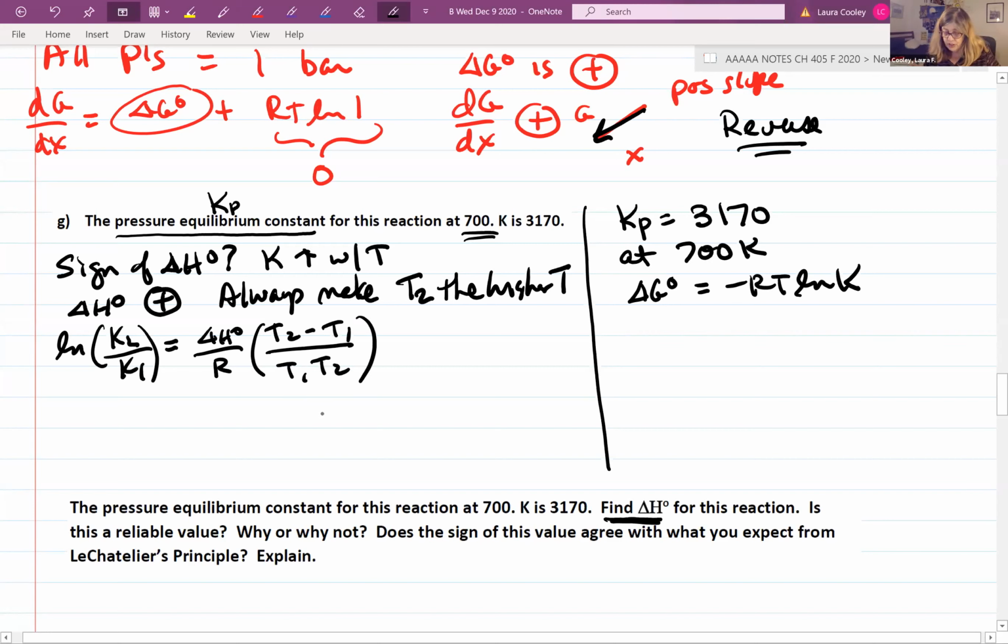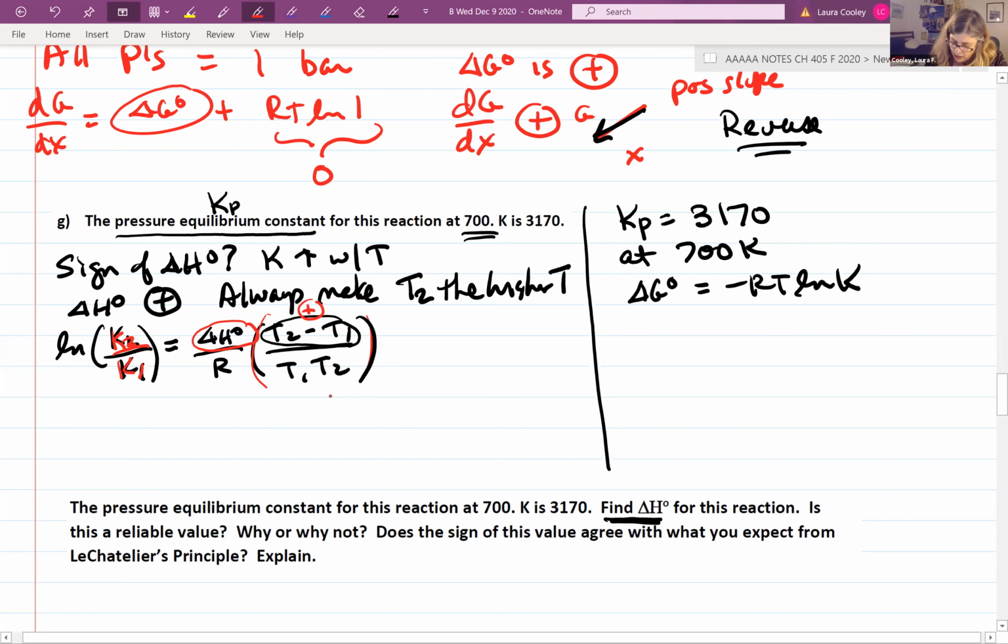Now, if you look at this version of the equation, if T2 is greater than T1, which I always make it, then this is going to be positive. And if delta H is positive, then K2 should be greater than K1, right? If K2 is greater than K1, the log of that ratio is positive. And that will give you a delta H that's positive, because this term here is always positive. So I just keep that in mind all the time in case I'm going to make a mistake. I don't want to make a mistake and get it wrong.